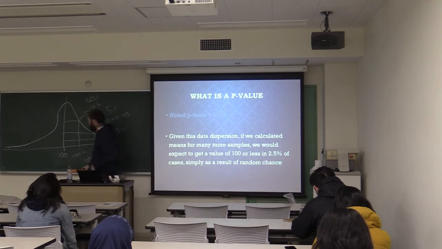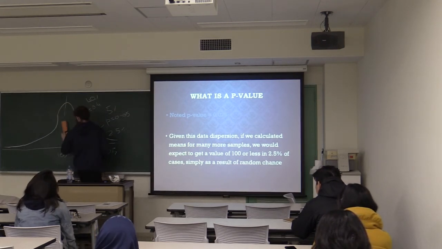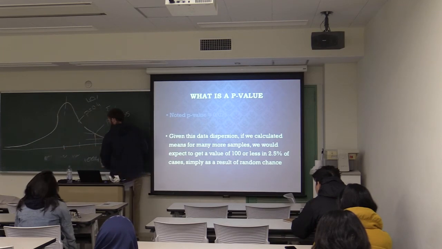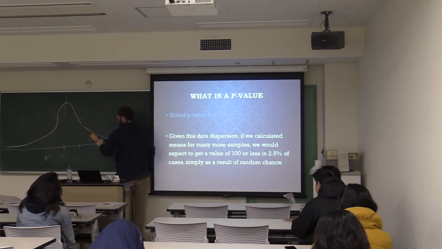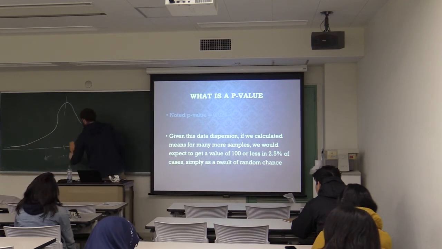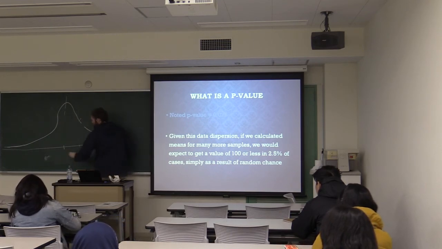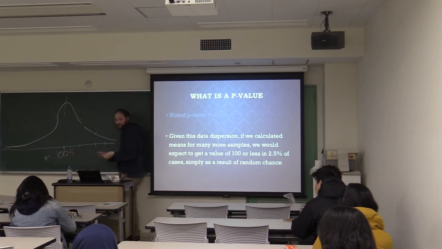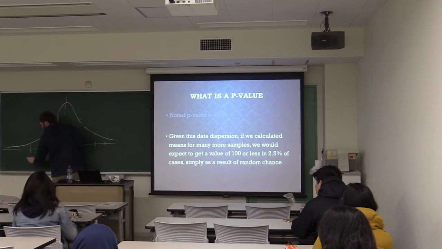I'm going to redraw this graph in a different way. Actually, I'm going to rescale this graph. I'll keep my masterful curve here. So if our mean value here is 100.5, that's what we actually measured, and 100 is over here.